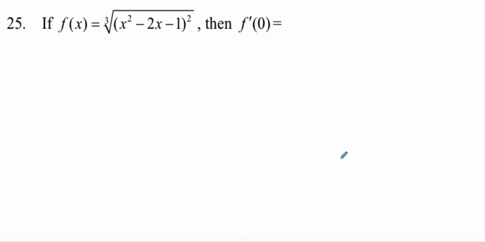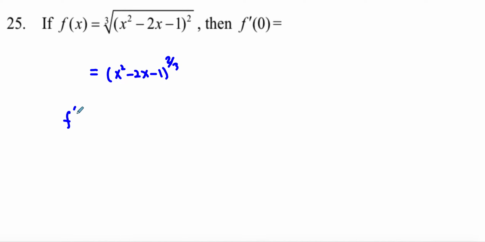Alright, let's try to look at this one. If f of x is this expression, then what is f prime of 0? When you look at this one, it looks a little bit complicated, so let's try to rewrite it. This is equal to x squared minus 2x minus 1, and then the cube root is 1/3 as an exponent with the square, so we get 2/3 as our exponent.